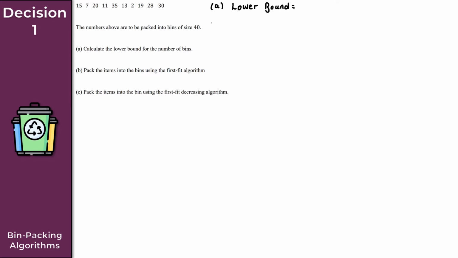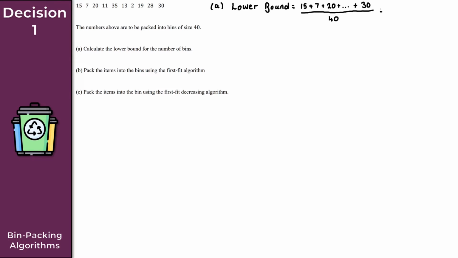I won't bother writing down every single number, but you get the idea. And we divide all of this by the bin size, which is 40.